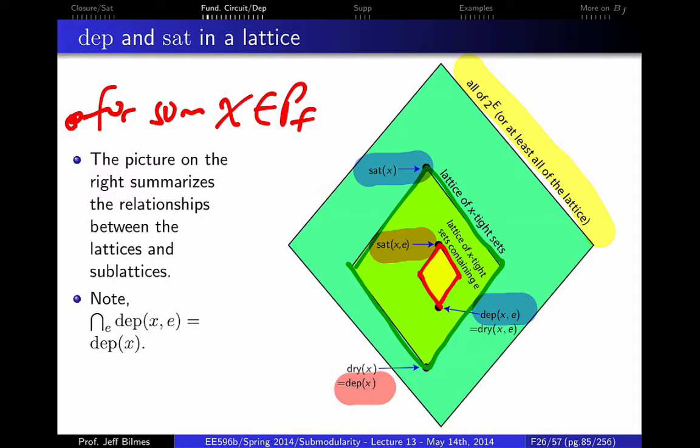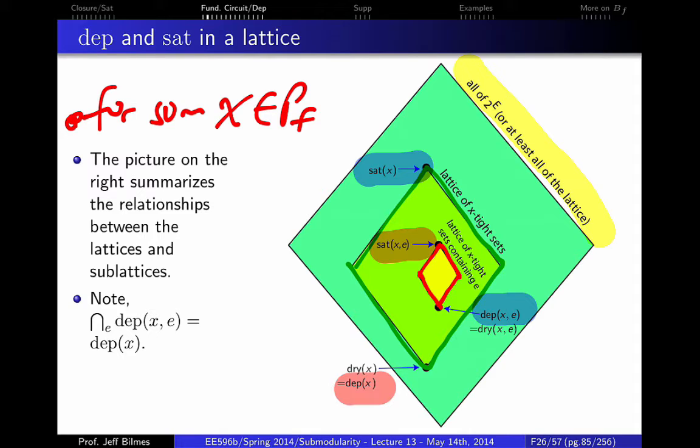Every element joined with itself is itself, and every element met with itself is itself. So if you take any two distinct elements, it's got a unique join and a unique meet. And so we just keep doing this over and over again, and we're going to get a unique single element at the bottom and a unique single element at the top. That's guaranteed by the lattice property. Because it's a lattice.